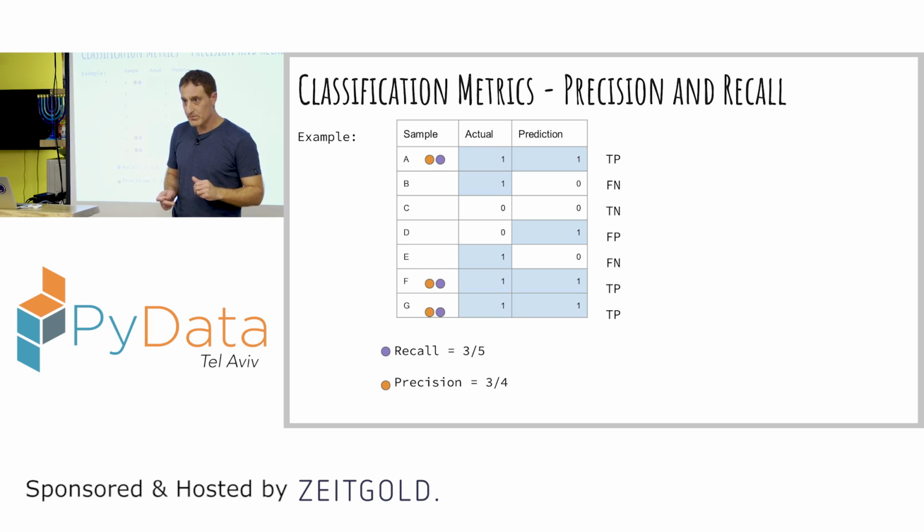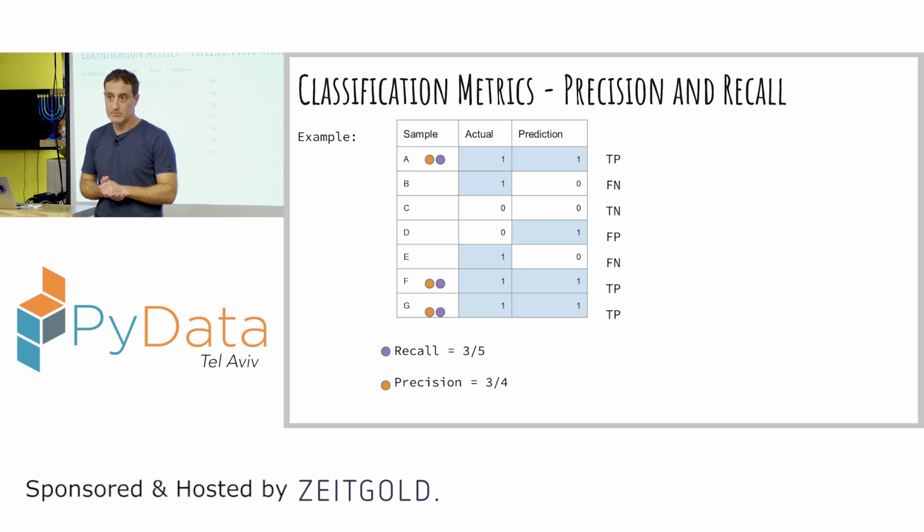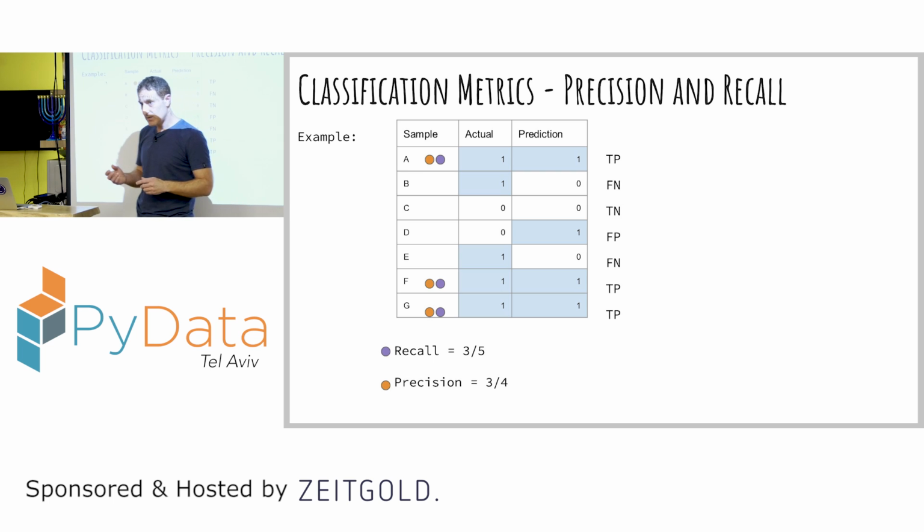Why is positive more important than negative in that case? Because you don't mind getting someone in between. You want to get all of them. You don't want to miss anybody.